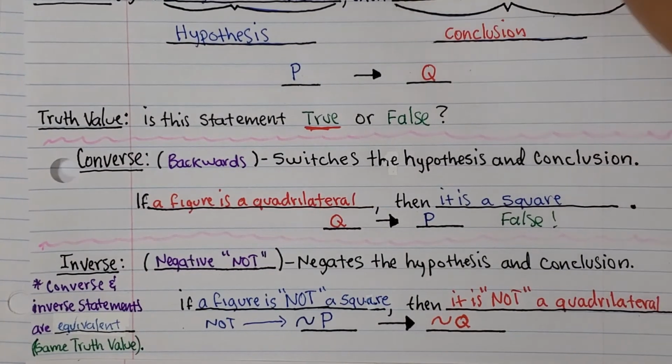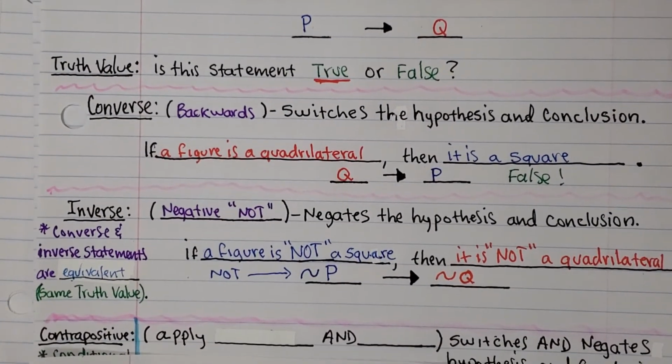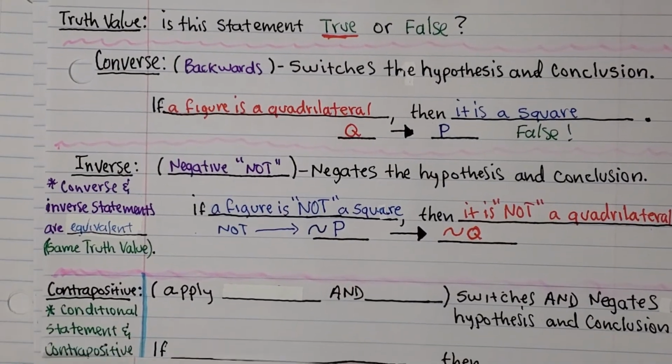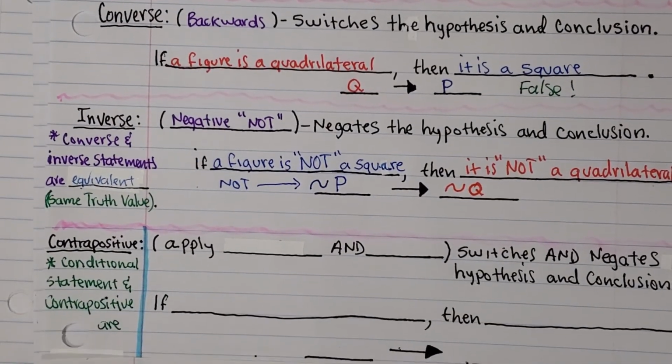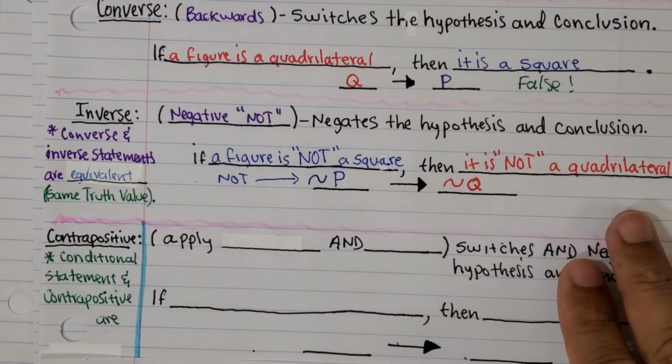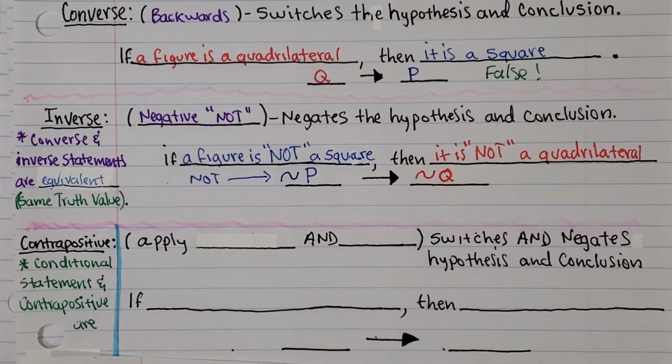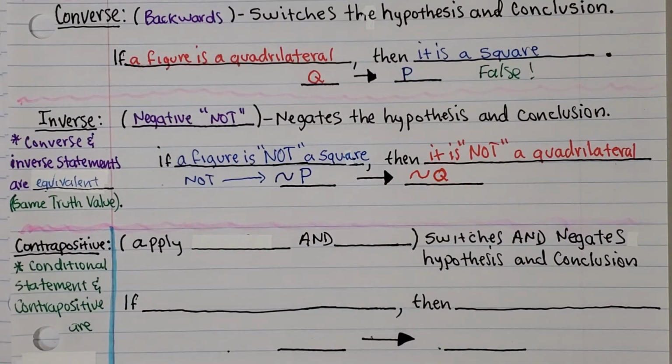All right, so let's go on to the next part. The next part, I'm going to show you all of it. On this one, we have what we call the contrapositive.